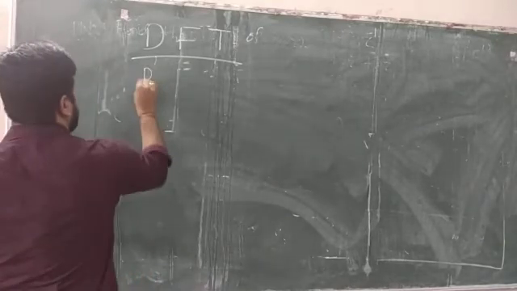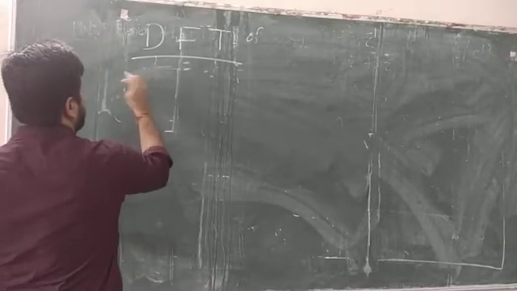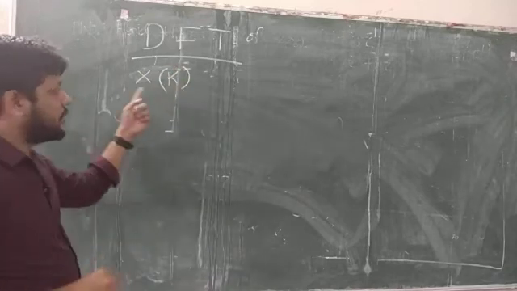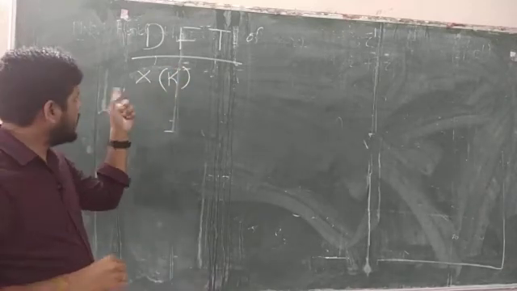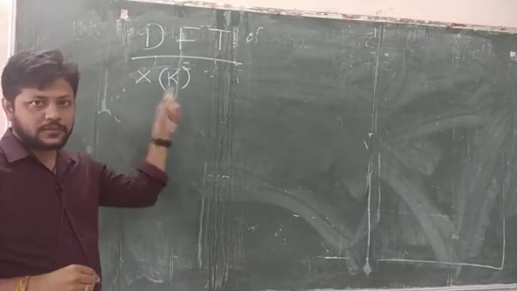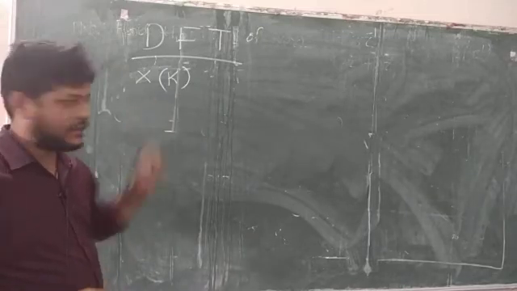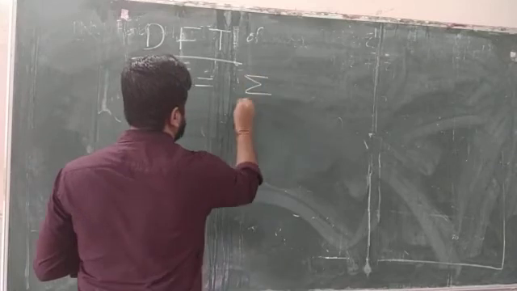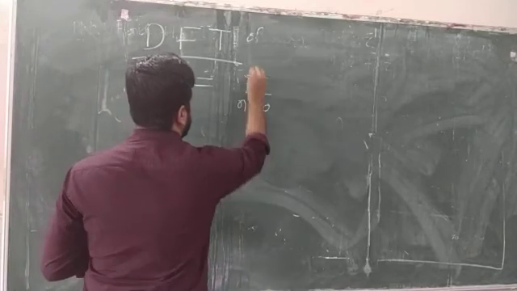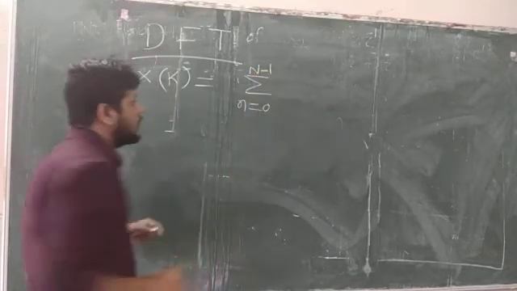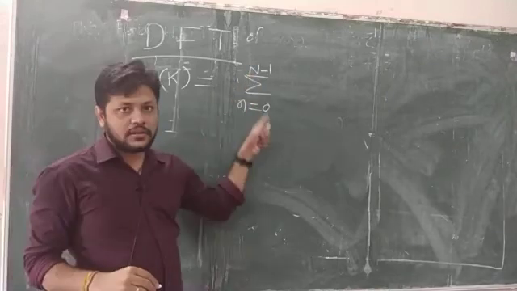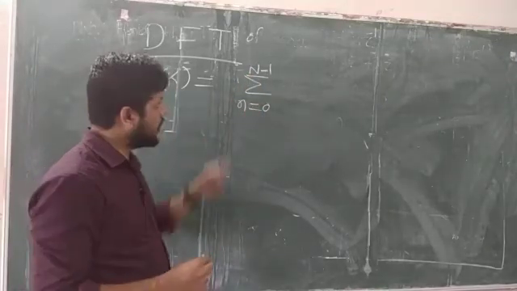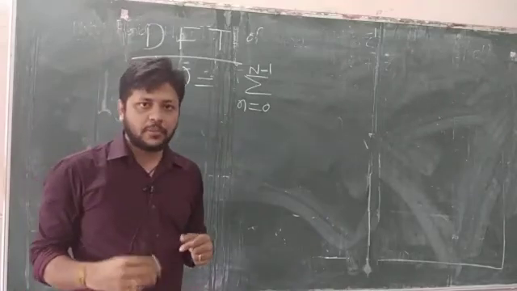The definition of DFT is, we will find X of k, which is the discrete Fourier transform of the signal x of n. X of k is nothing but the summation of n equal to 0 to N minus 1. The lower limit is 0 and the highest limit is N minus 1. Hence, we are considering only N number of samples.